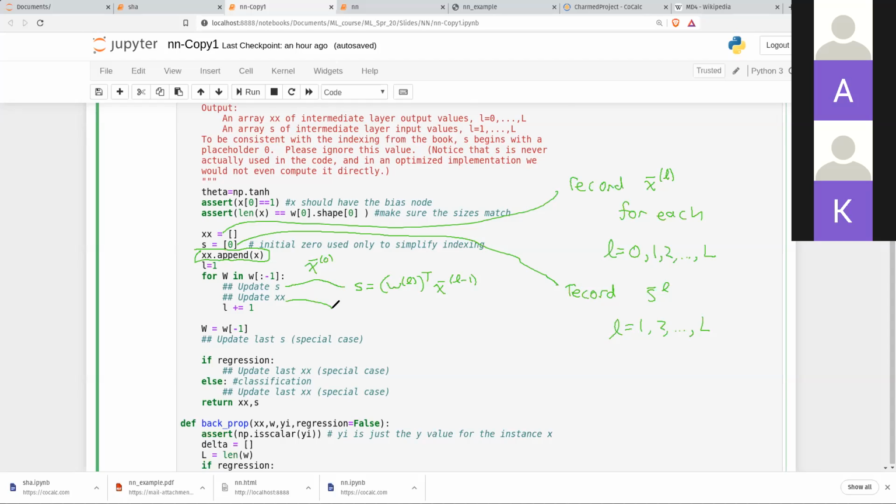And you also have to update X. So you want to add in the value for XL, which is 1 stacked on top of theta applied to the thing that you just computed here, which is SL. Okay. All right, and then you just increment L. And now this is doing the last layer as a special case, like I was suggesting when we talked about the pseudocode. So you need to do something here to update the last S.